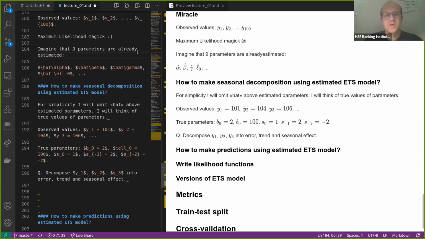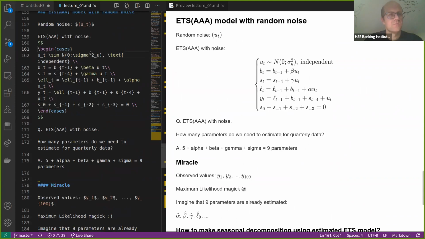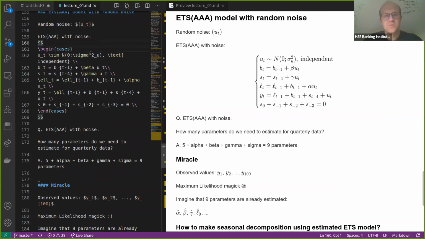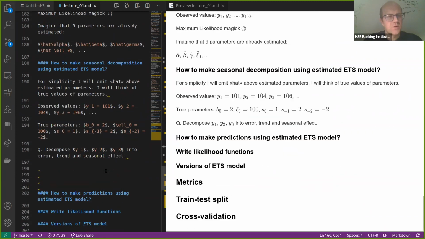Let's copy our equations. Sorry, I need more parameters. I need alpha. These are parameters without noise, but I have noise. So alpha is 0.2. Beta, let them be equal.